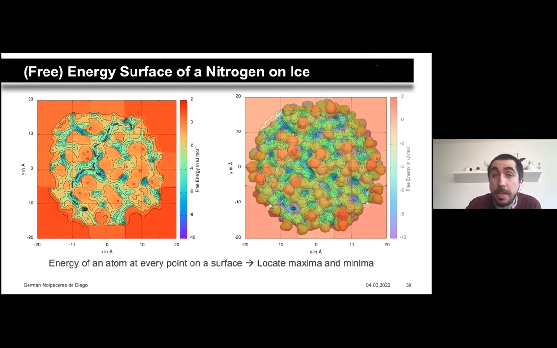And if we superimpose the real structure on this kind of map, we see that these blue points correspond to cavities on the surface that are present in amorphous ices, and the forbidden regions correspond to protuberances on the surface. This tells us that diffusion on amorphous surfaces is generally slower than on crystalline ones, where these kinds of cavities are not really present.